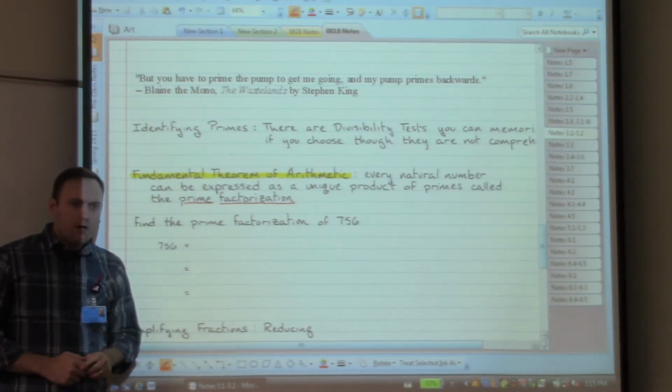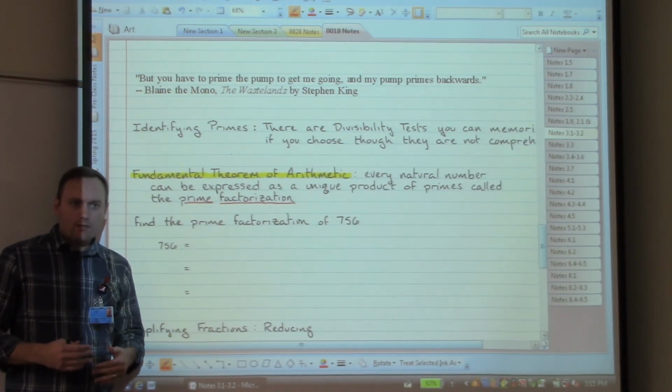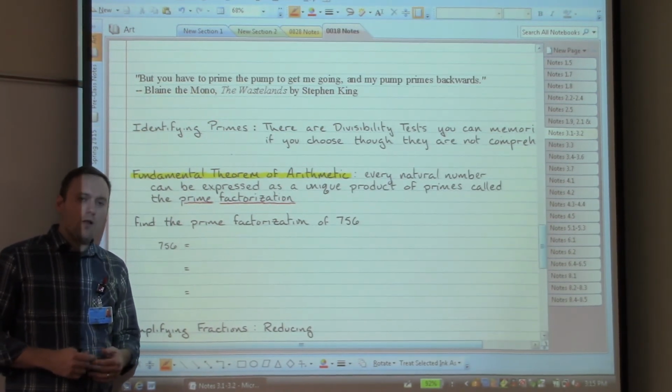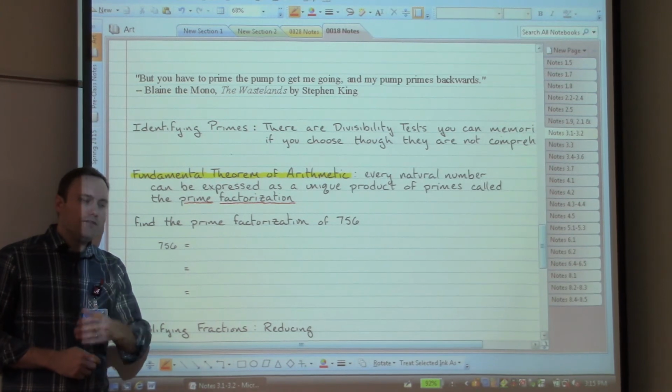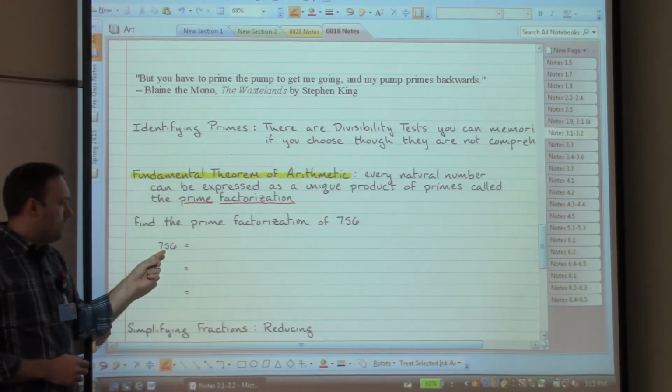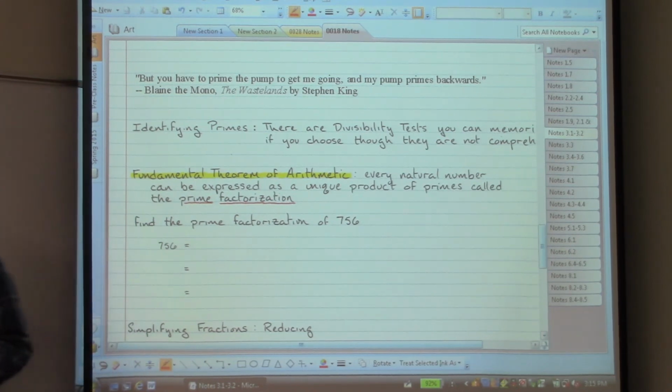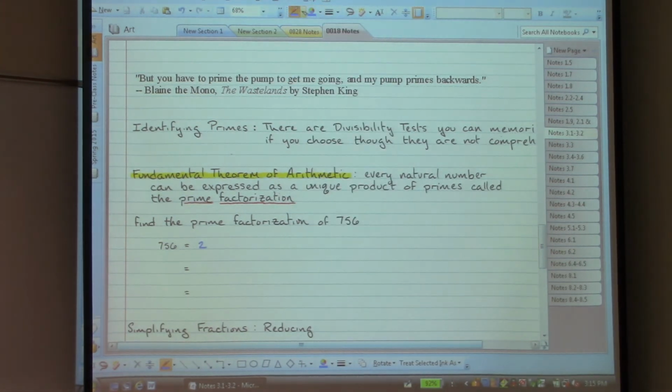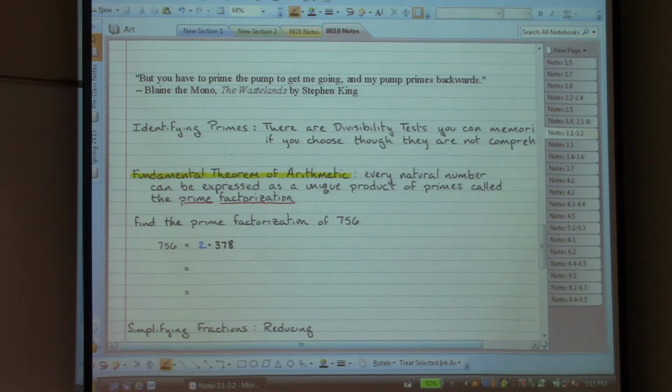Let's go ahead and start and try to be organized. Let's use our smallest possible prime number first, if possible. Does 2 go into 756? Sure does. So we can break off a 2, and we would be left with 378.